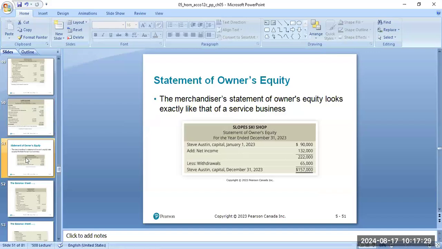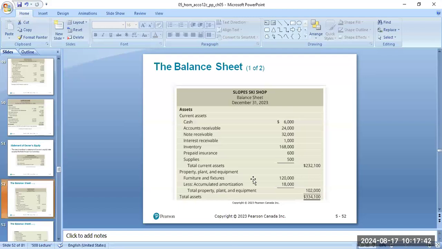Owner's equity: beginning balance of the owner's equity plus the net income minus withdrawals of the owner is going to give us owner's capital at the end of the period. Once we have the owner's capital at the end of the period, we can prepare the balance sheet. Balance sheet is going to have the current assets, long-term assets, and total assets.